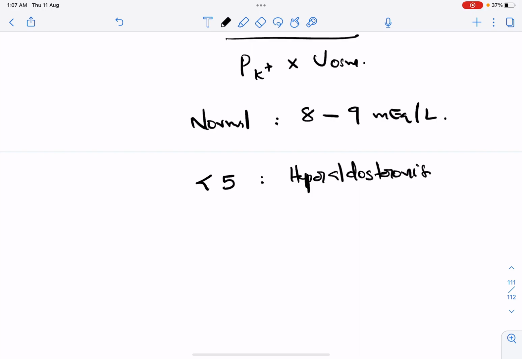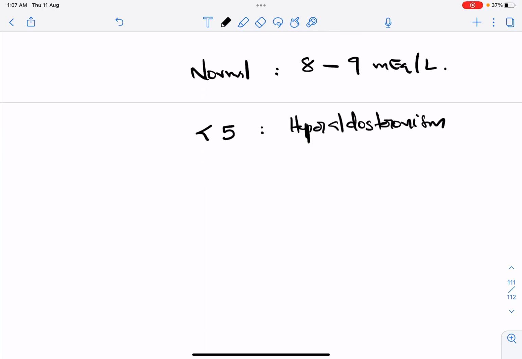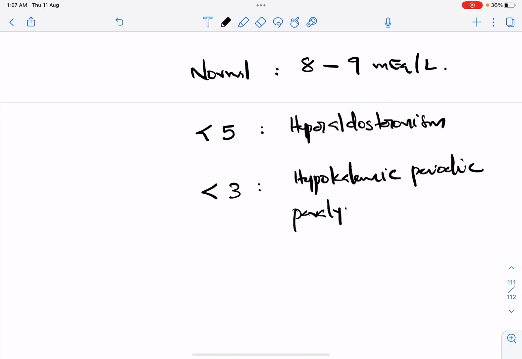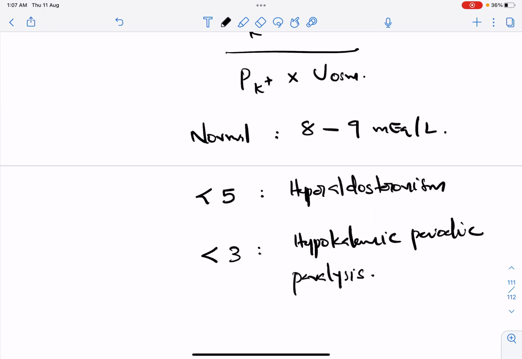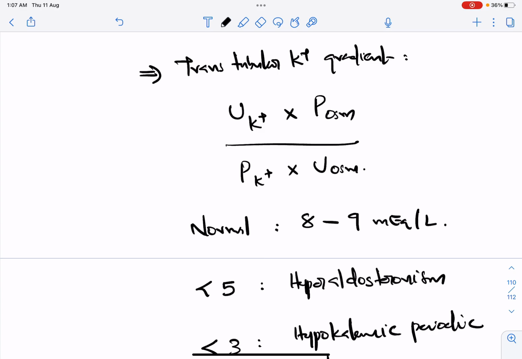Now if the patient with hypokalemia is presenting with paralysis and you have calculated the transtubular potassium gradient and got a value less than 3, then it is due to hypokalemic periodic paralysis. Okay, so this is the use of this equation and the calculation of the transtubular potassium gradient.